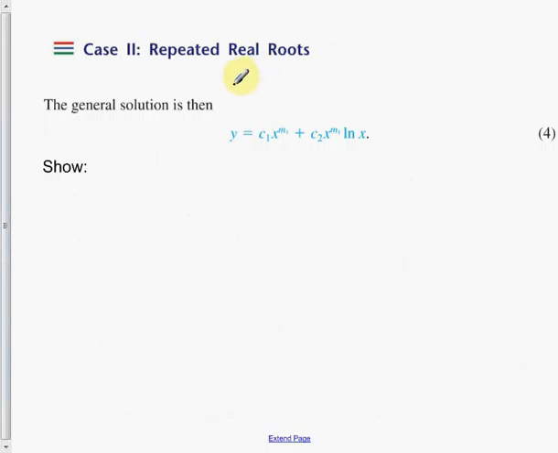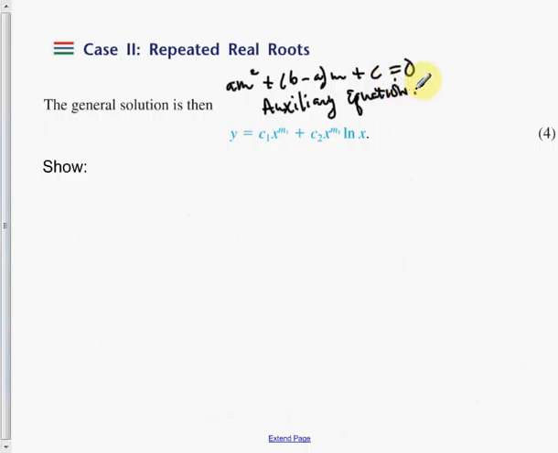So what we're dealing with is a times m squared plus b minus a times m plus c is equal to 0. This was the auxiliary equation. And what we're saying is that m sub 1 is equal to m sub 2.